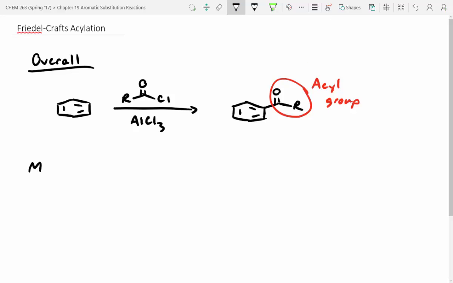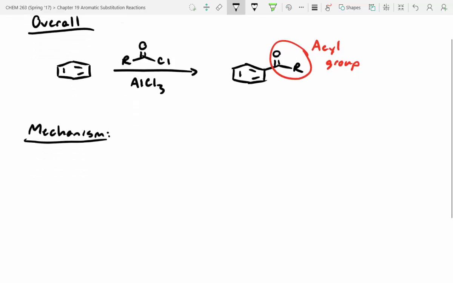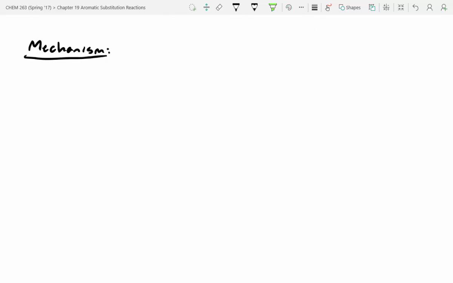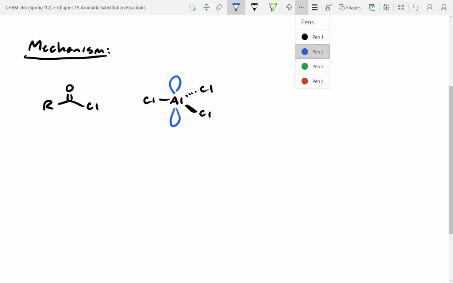Let's take a look at the mechanism. The mechanism at this point is getting pretty redundant. We've got this p orbital. What group do you think is going to attack that p orbital? Yeah, the chlorine in this case will.